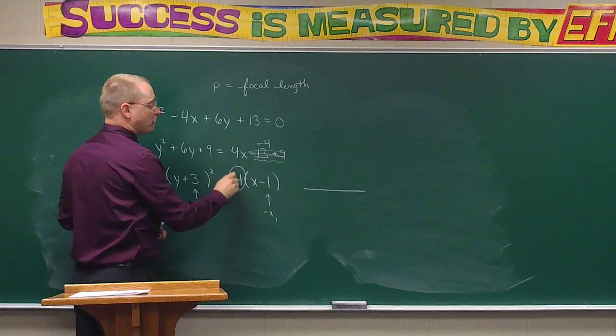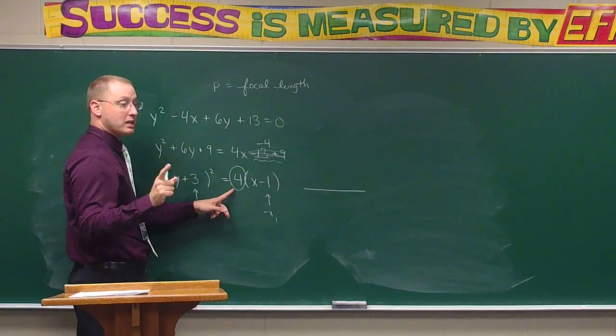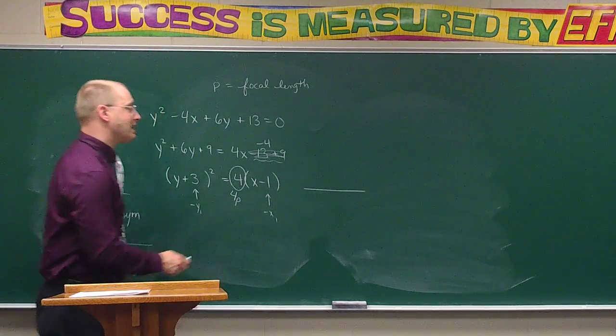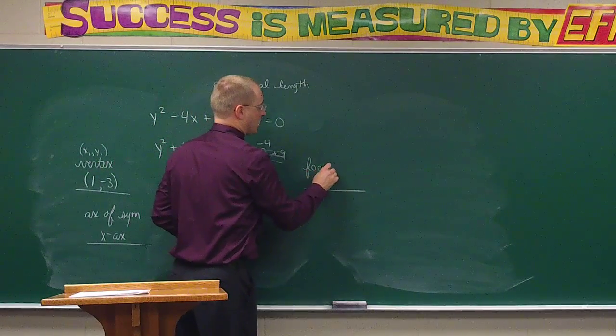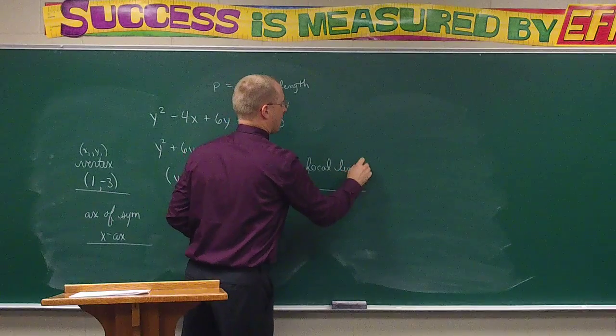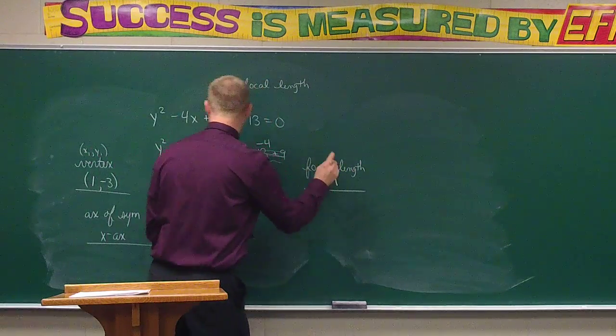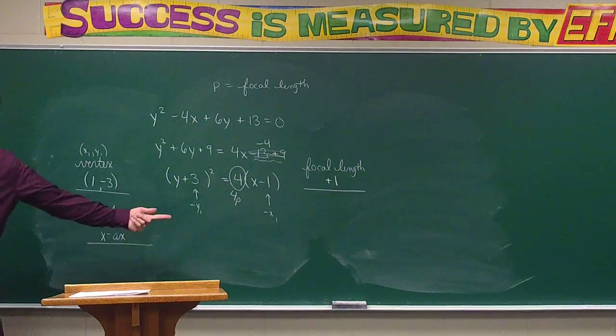But this value isn't P. This value is 4P. So what is the focal length of our parabola? 1. A positive 1, which on the x-axis means forward 1.